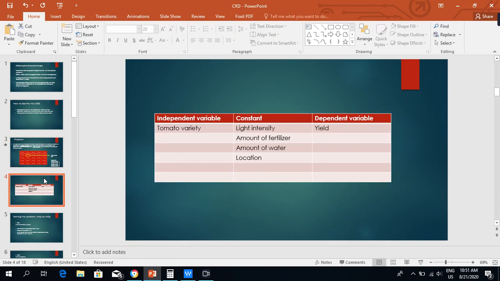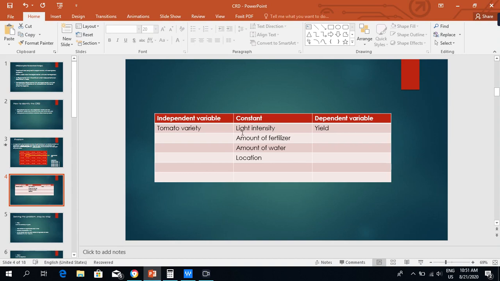In the next slide, I am going to discuss homogeneous experimental units in depth. In here, our independent variable is tomato variety and our dependent variable is yield. Other than tomato varieties, many factors affect the yield of the tomato. Some of them are light intensity, amount of fertilizer, amount of water and the location.